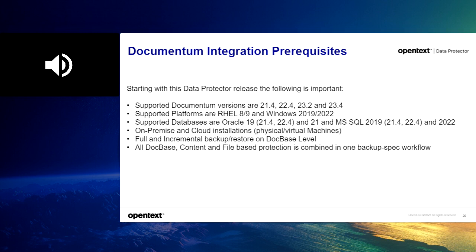SQL 2019 is only for 21.4 and 22.4, whereas SQL 22 or 2022 is supported on all versions. We support on-premise and cloud installations, physical and virtual servers. We support full and incremental backup and restore on doc-based level. So this is the doc-based level. And then, as I've mentioned already, all doc-based content and file-based protection is combined into one backup-specific workflow.